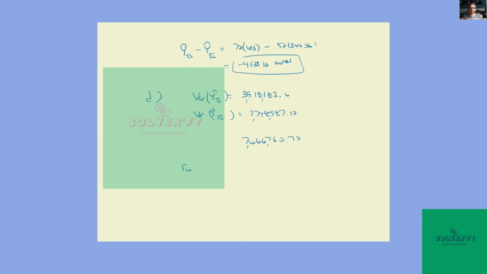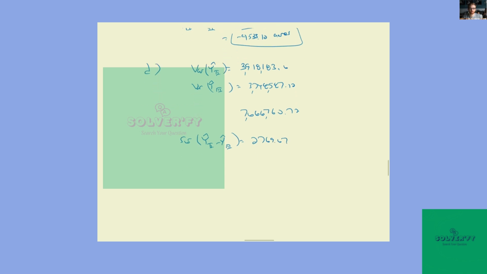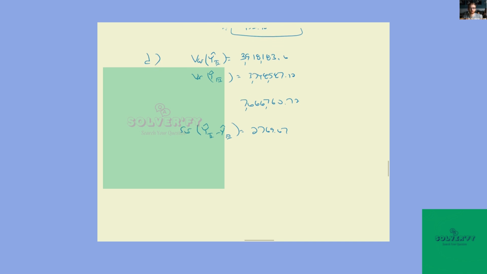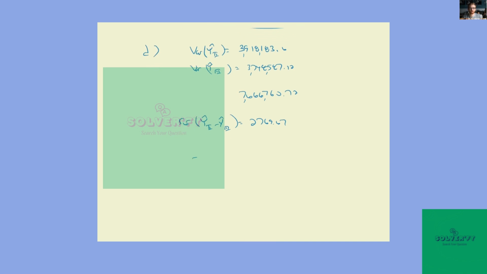And the standard error of the difference would be the square root, which is 2,769.67. So a 95% confidence interval about the difference would be the difference plus or minus 1.96 times the standard error of the difference.